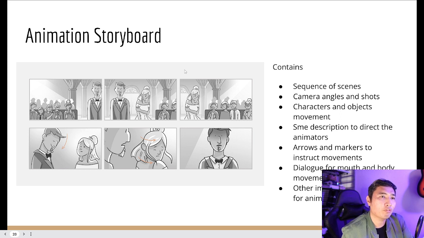Okay, so what might you have in the storyboard? You might have a sequence of scenes, camera angles and shots, characters and object movement represented using arrows, and some description to direct the animators. You might add some description below each panel, so that whenever people read your storyboard, they can understand what is happening in it. Arrows and markers to instruct movement.